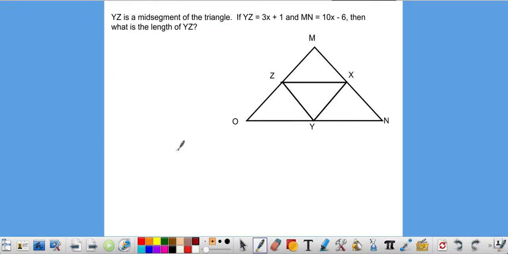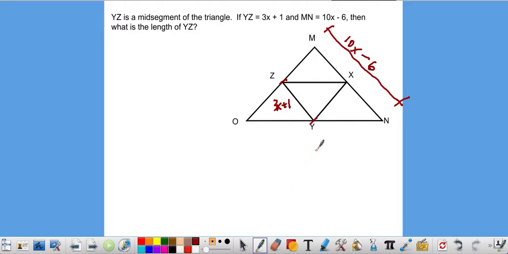Let's try this one. This one uses a little bit of algebra. So we're told YZ is a mid-segment of the triangle, and YZ is equal to 3x plus 1. That's this length here. And then we're told MN, this entire length here, is equal to 10x minus 6. And our goal is to find the length of YZ.